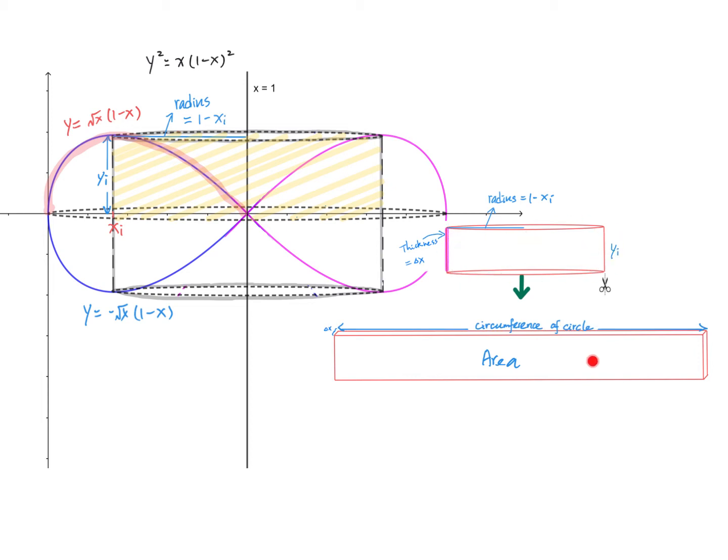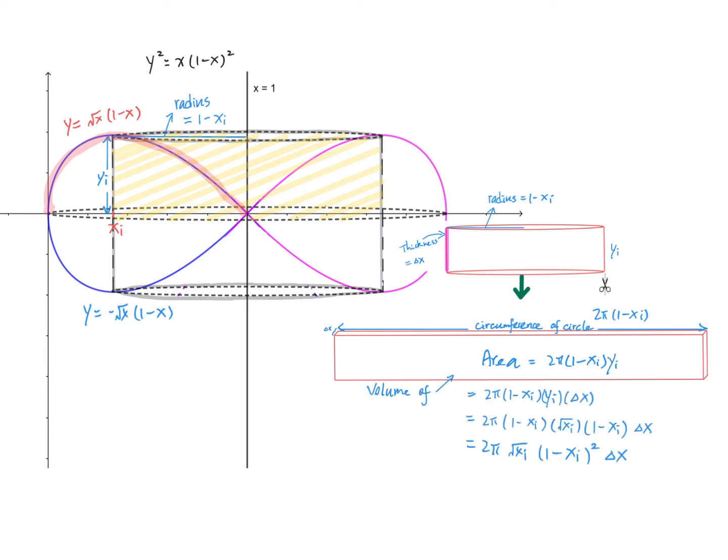This rectangular prism comes from this tube, and the length of this rectangle equals the circumference of the circle, which equals 2 pi times the radius, 1 - xi. The area of this rectangle should equal 2 pi times (1 - xi) times the width of this rectangle, which equals the height of the cylinder, yi.